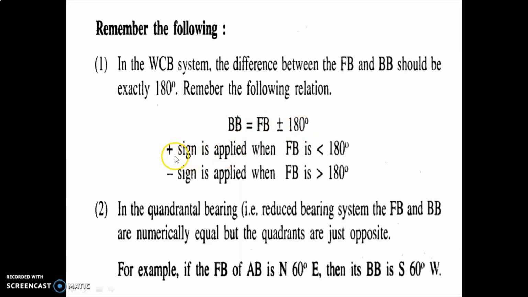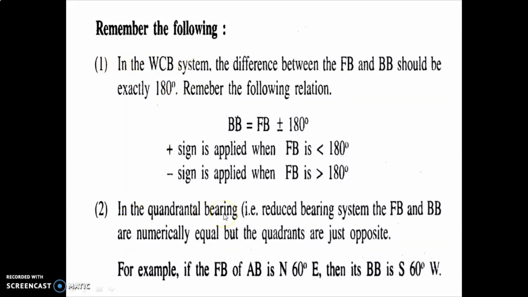The plus sign is applied when the value of forebearing is less than 180 degrees, and the minus sign is applied when forebearing is greater than 180 degrees. All this you have to remember only for the WCB system.